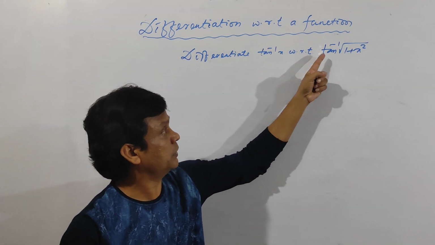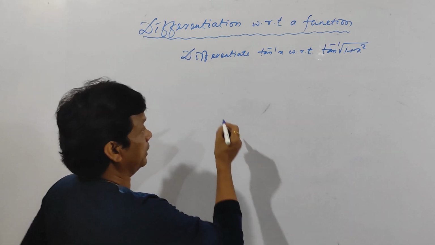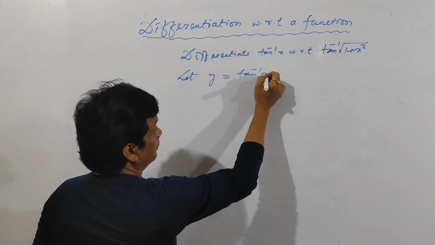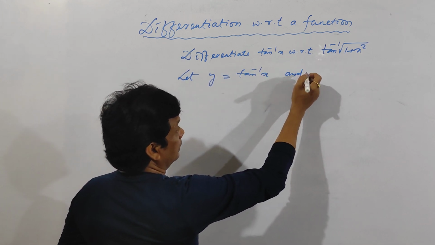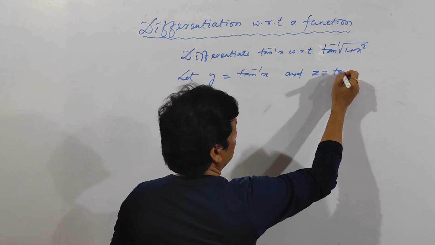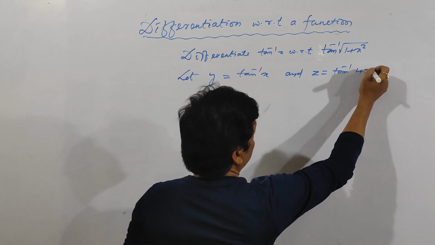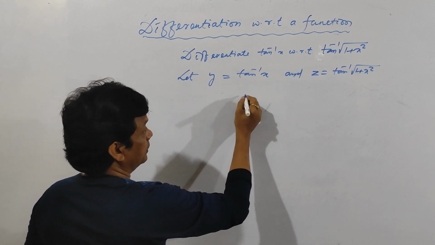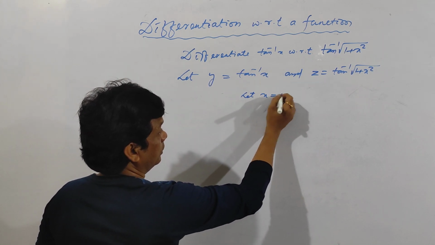Differentiate tan inverse x with respect to tan inverse root over 1 plus x square. So let y is equal to tan inverse x and z is equal to tan inverse root over 1 plus x square. So for z, let x is equal to tan theta.